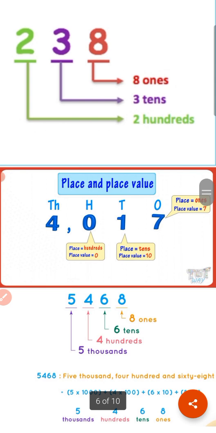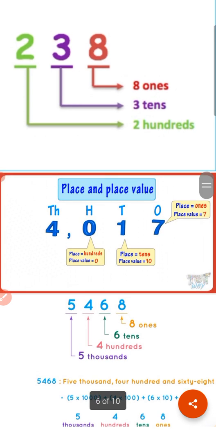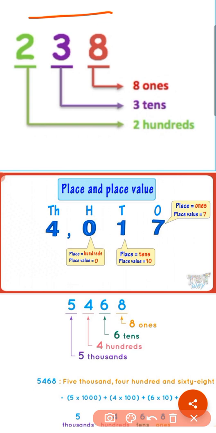Check the next number. The number given is 238. 3-digit number. The digits are 2, 3 and 8. As I told you, start from right to left. 8 is in ones place.